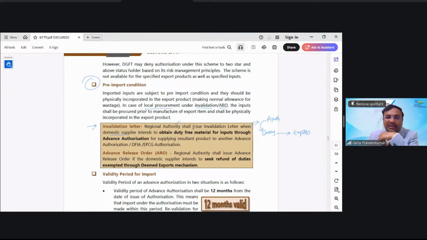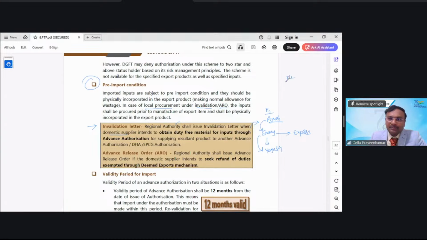They say the regional authority shall issue the invalidation letter when a domestic supplier intends to obtain duty-free material for inputs through advance authorization for supplying the resultant product to another advance authorization, DFIA or EPCG authorization. So Swami does a manufacture and again sends to, say, Yogesh. So in this case, I buy from Ayush locally and then I want to supply to Yogesh. Then I use something called invalidation letter. This is model number 1.